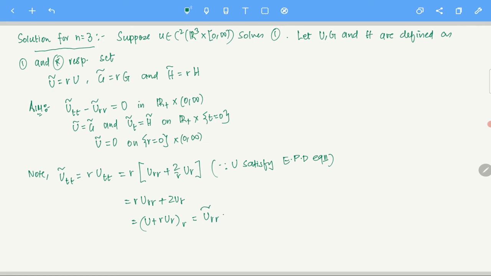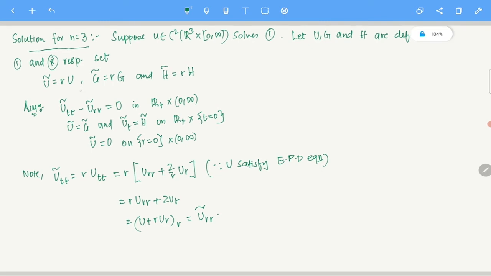Clear? See, if you take Ũ and differentiate with respect to r, it becomes U plus r U_r.